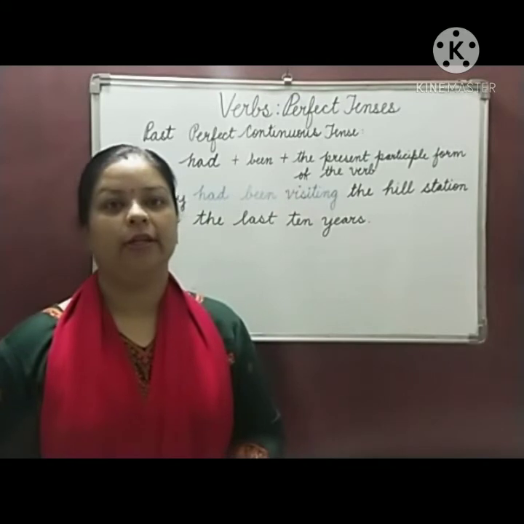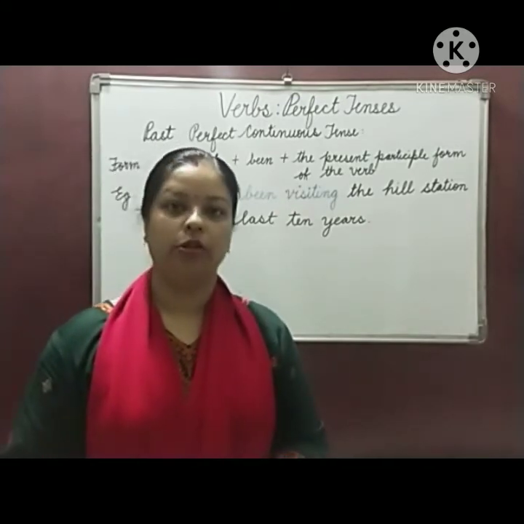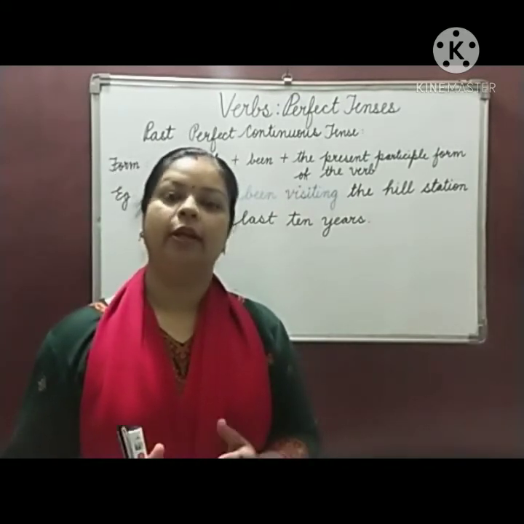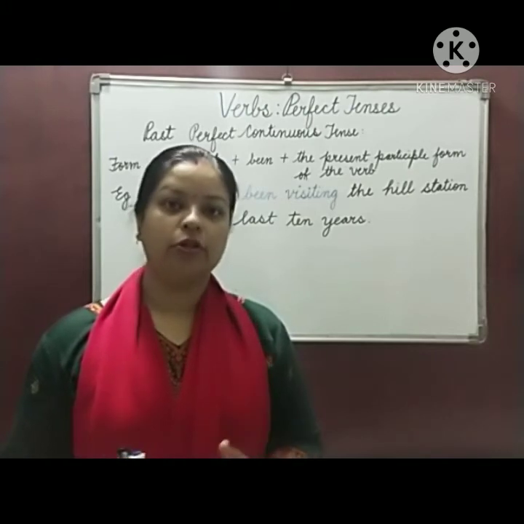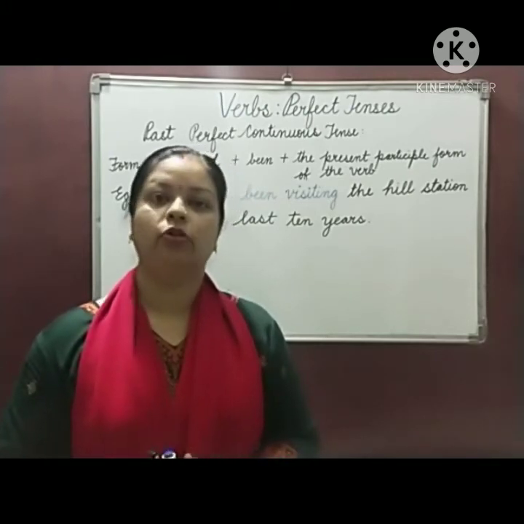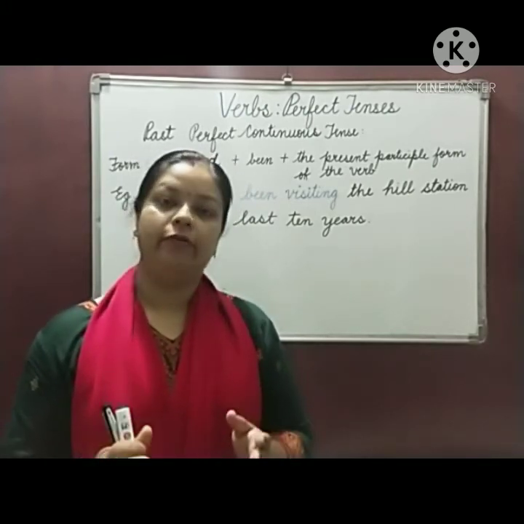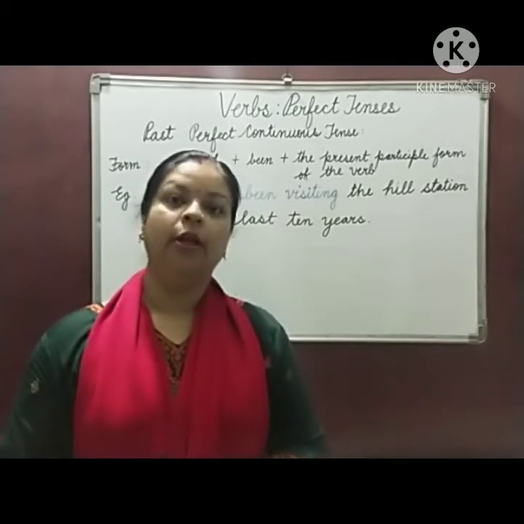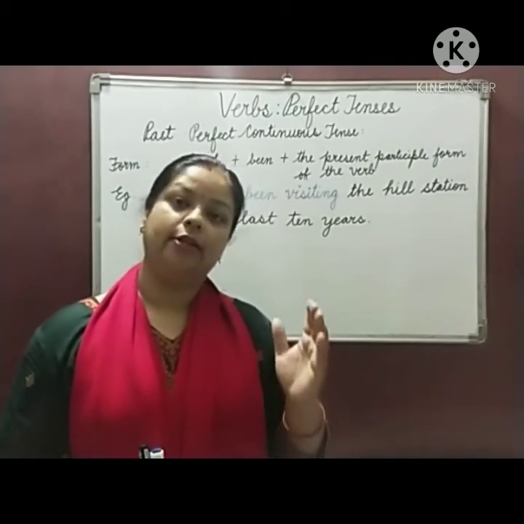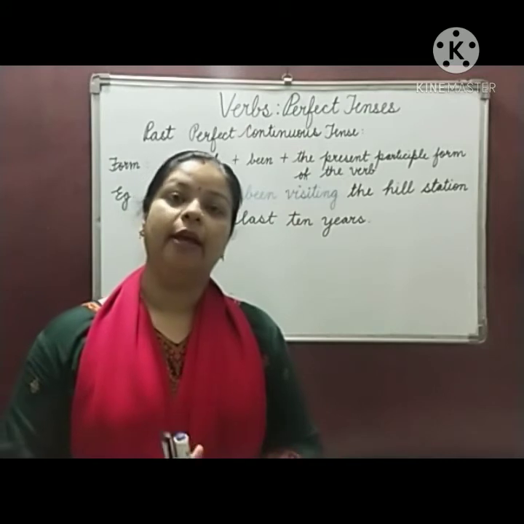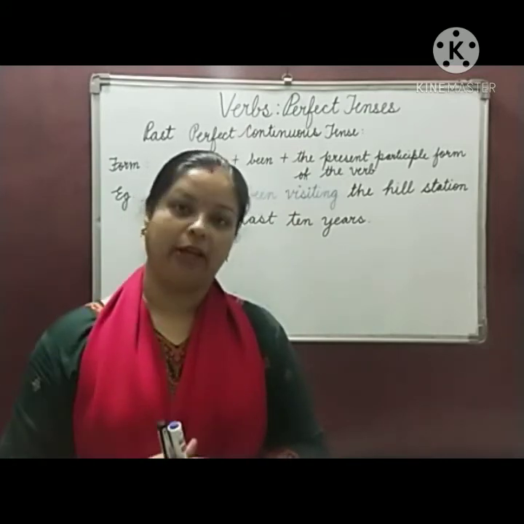Now we will study past perfect continuous tense. So children, here we will first know that past perfect continuous tense refers to an action that started in the past and has gone on for a long period of time in the past.